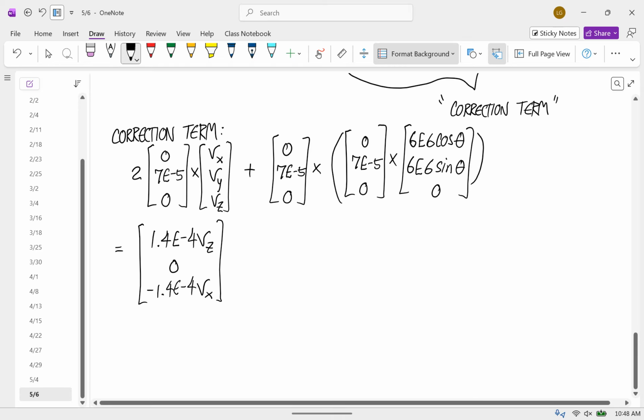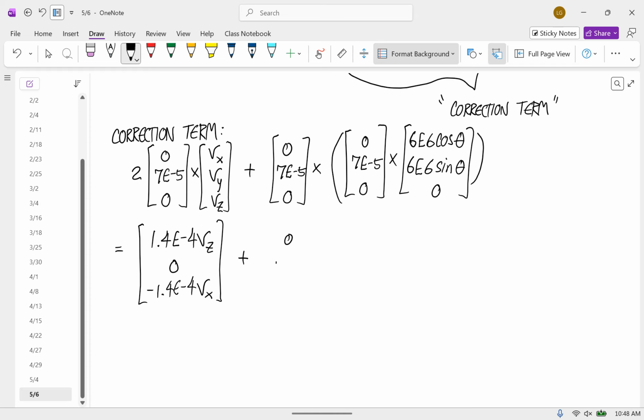And then we're going to add that to, so we have 0, 7 times 10 to the minus 5, 0, crossed with 0, 0, negative 420.